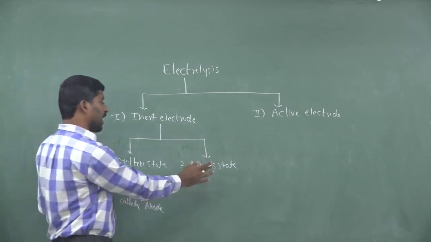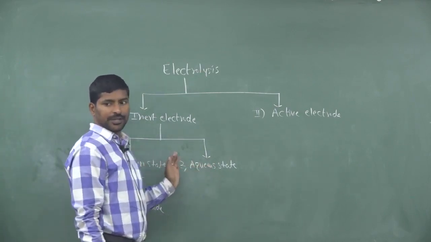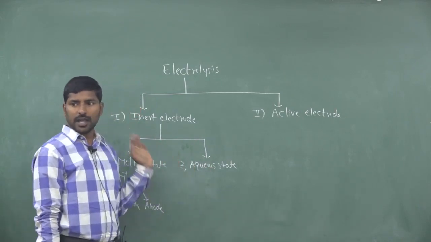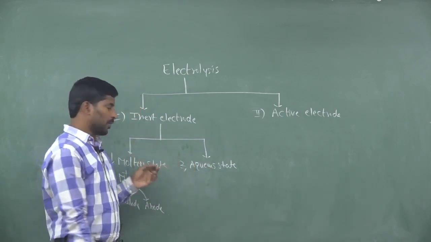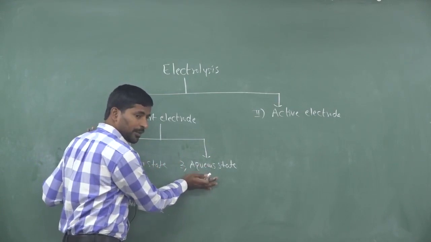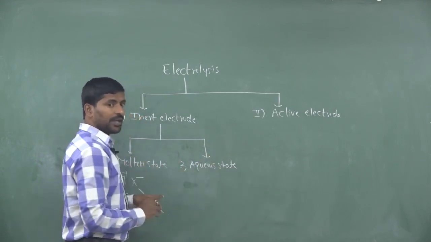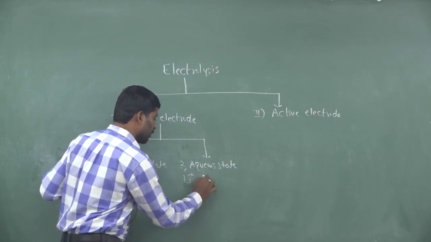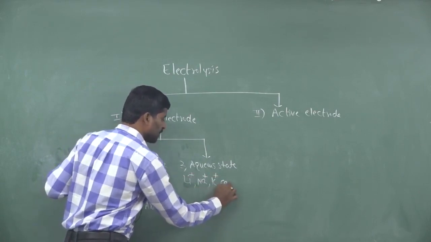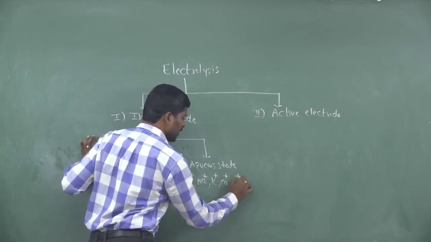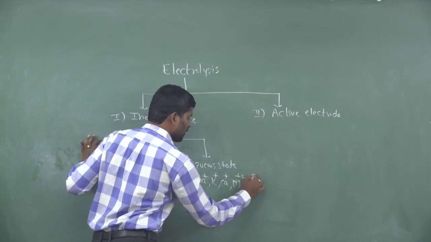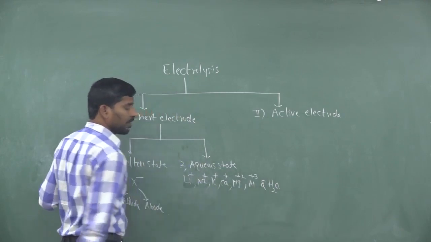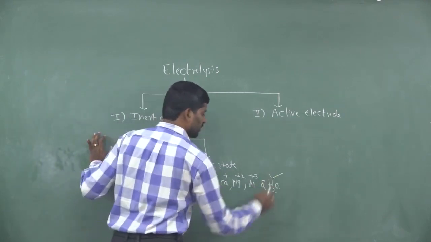And in the case of aqueous state, there is a competition between water and cations at cathode and water and anions at anode. If cations like lithium, sodium, potassium, calcium, magnesium, aluminum are present, and there is a competition between these cations and water, which one undergoes reduction?